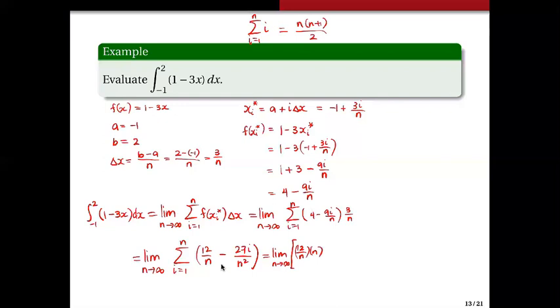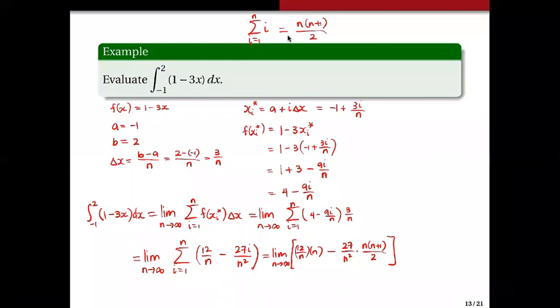And then minus, again, 27 over n squared, which is constant relative to i. And then you have the sum of i, which is n times n plus 1 over 2.